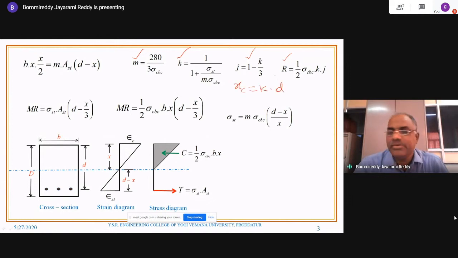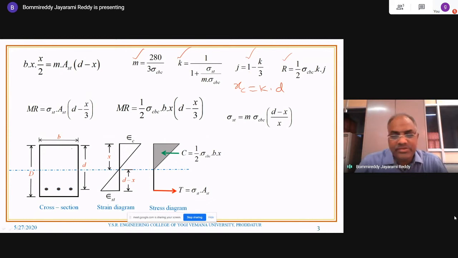So depth of the neutral axis xc, or depth of the critical section xc, is equal to k into d. You need to compute the value of k and multiply by d, so that is xc. And if it is balanced, you can use these appropriate formulas. So don't try to remember any of the formula here. Automatically these should be in your mind.